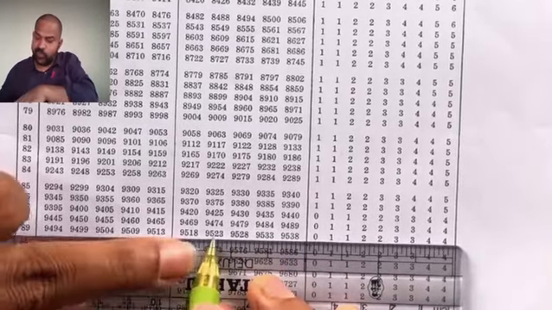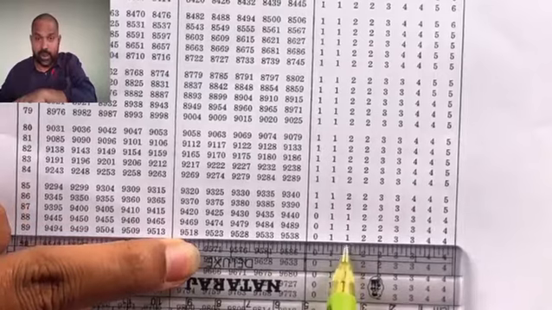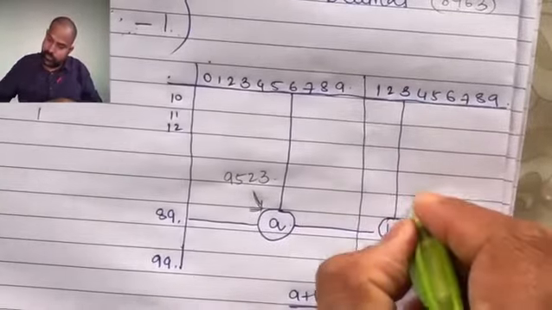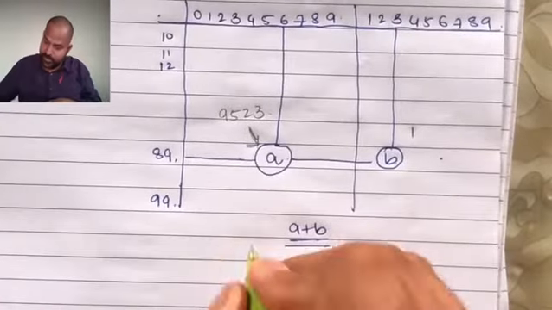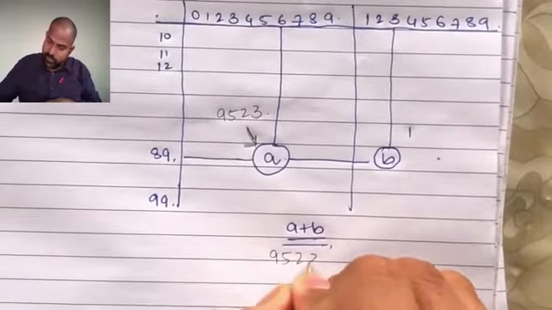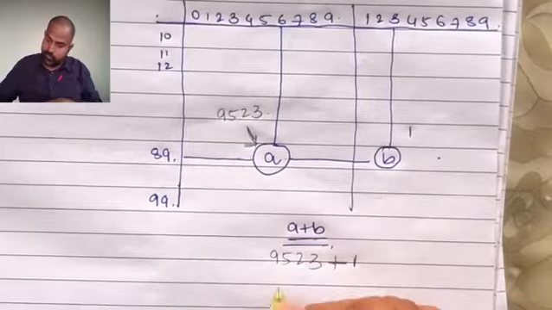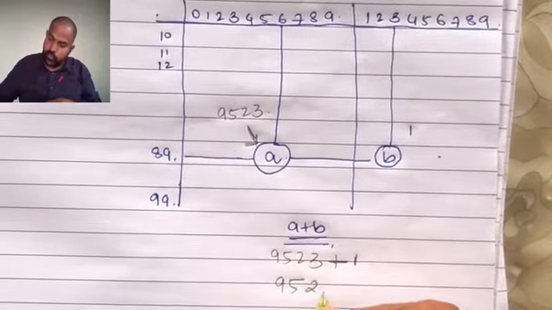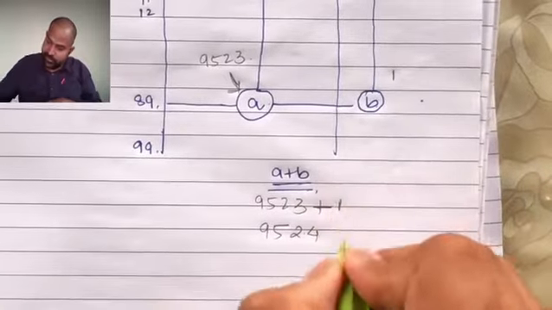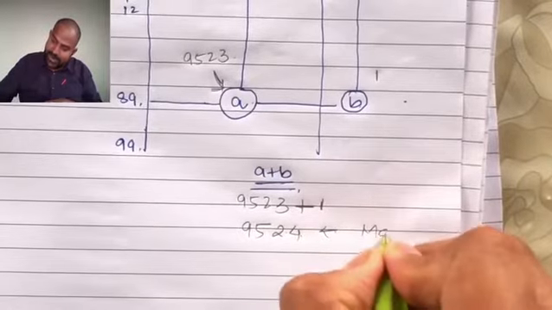And in that I have to look for a 3. 3 is 1. So then I am adding 1 to it. So that basically becomes 9523 plus 1, which is 9524. And this right here is the mantissa.